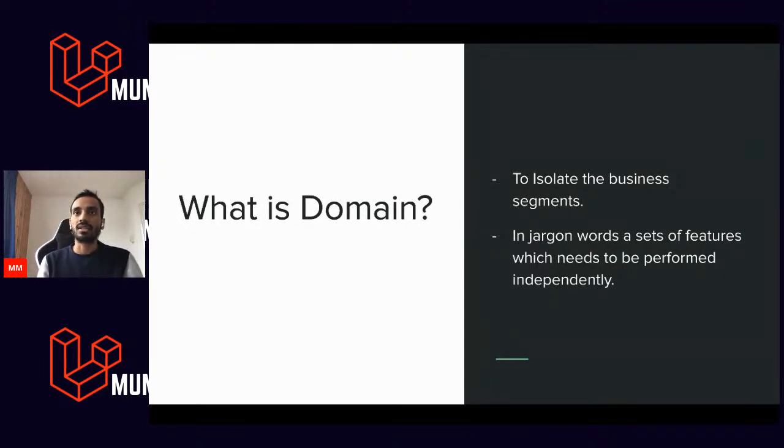Those kinds of things need to be isolated. In jargon, when we talk in coder language, it is a set of features which needs to be performed independently. So we are isolating the domain entirely. Now let's see how this domain goes into subdomains and how other things get into the picture.